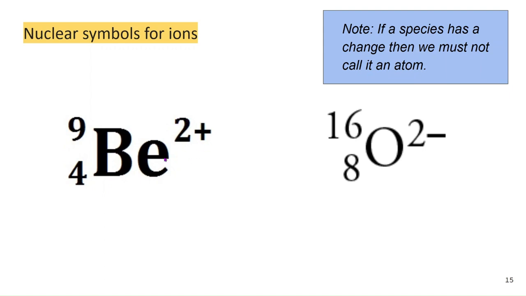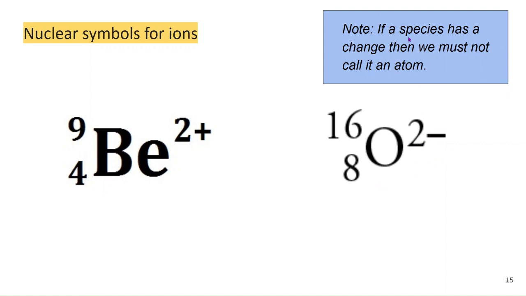So now there are 4 protons and 2 electrons, so we get a positive charge of 2. Or in oxygen's case, oxygen has 8 protons and it has gained 2 electrons, so it is now negative 2, right?